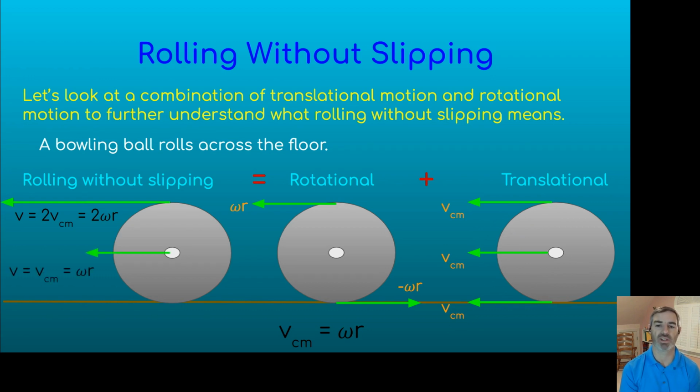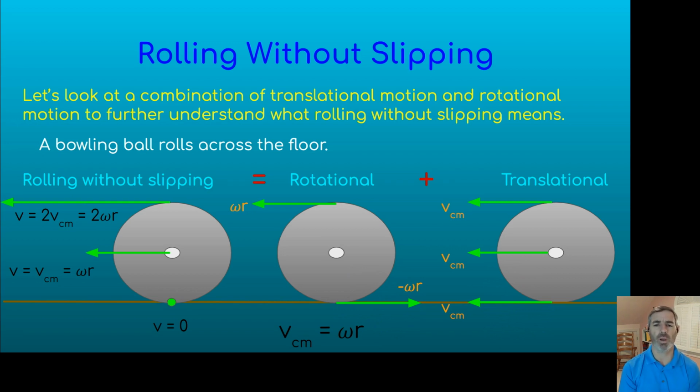Now the tricky part: what causes rolling without slipping? At the bottom we have two vectors pointing in opposite directions with equal values. If we add those together, it gives us a velocity of 0. So at the bottom, where the object is rolling and in contact with the ground, there's no velocity at that point, which can be kind of tricky.